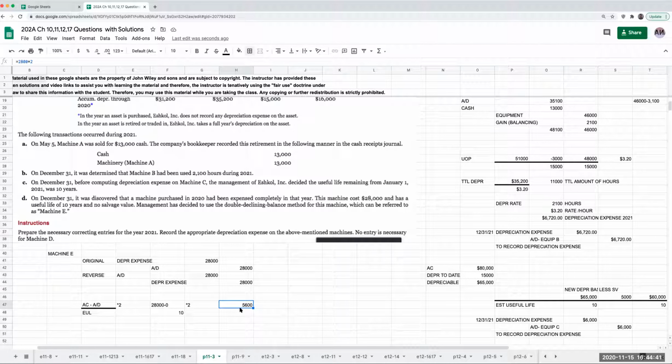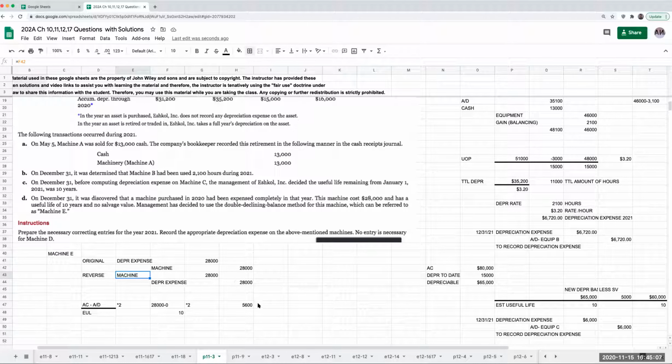Okay, so the way that they're going through and doing it, though, is that they didn't even use accumulated depreciation. What they did was they basically said depreciation expense, and then they just credited the machine. So they reversed it by debiting machine. Hold on.